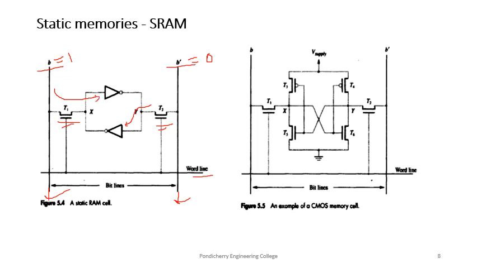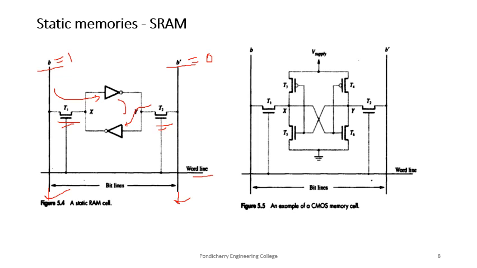The output is going to be 0, and this 0 is also fed as input to the other inverter. Because of this cross coupled connection, as long as the power is there, even when the bit lines are disconnected, the inverter stages will maintain the data stored.